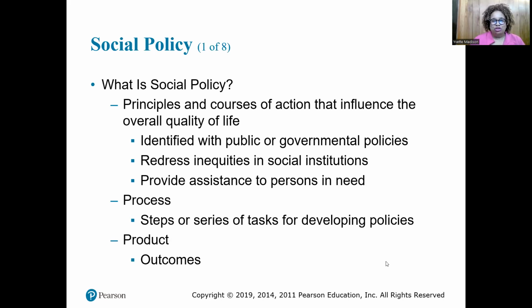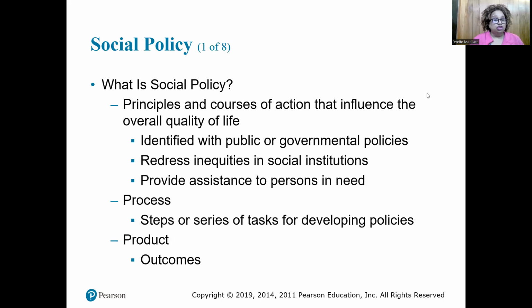So when we talk about social policy, one of the things we want to be cognizant of is what is a social policy? When we're talking about social policy, we're talking about being able to identify any of the inequalities that may hinder or impact our particular target population that we may be working with.